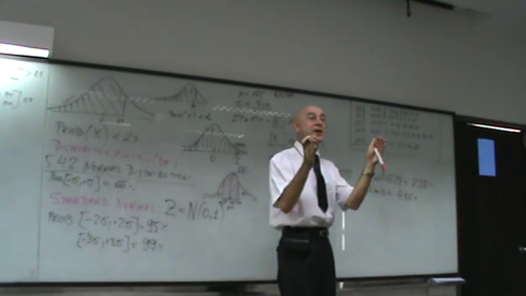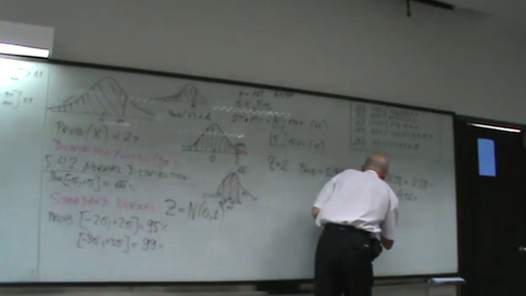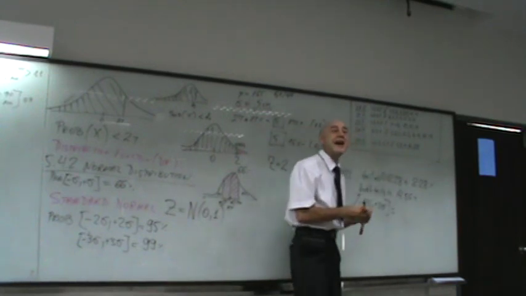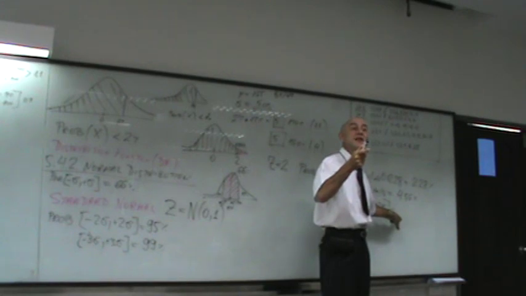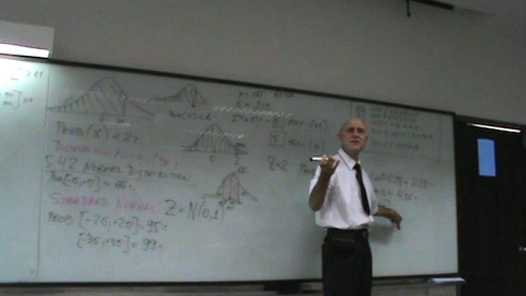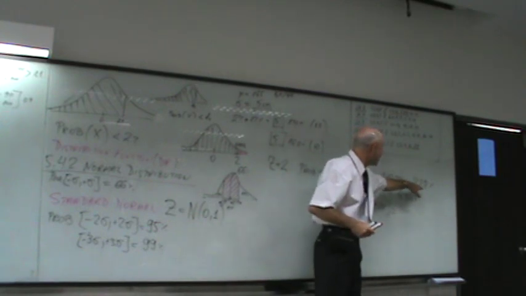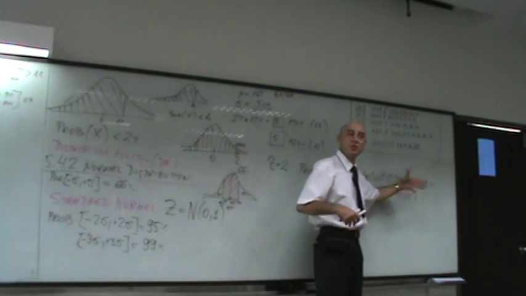So plus or minus 2 sigma, minus 2 sigma to plus 2 sigma. What's the exact probability? The probability of the right tail is 2.28. The probability of both the right tail and the left tail is 4.6.